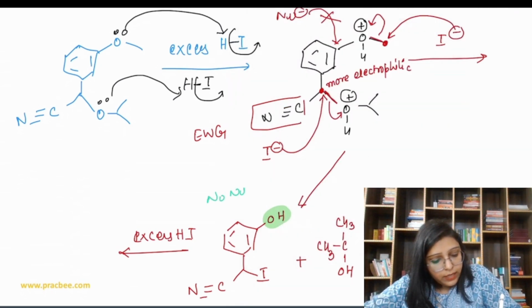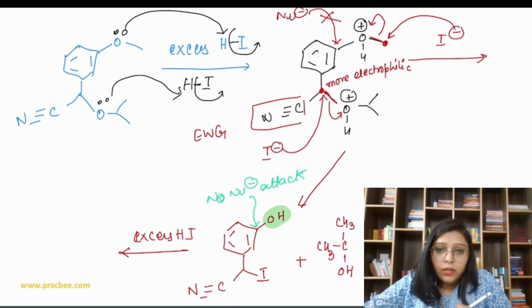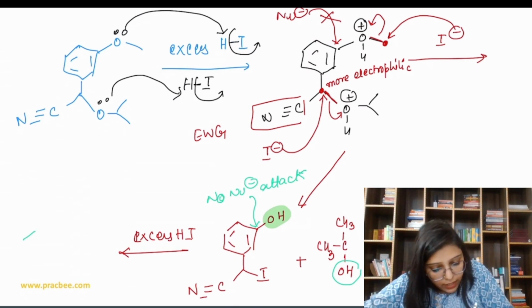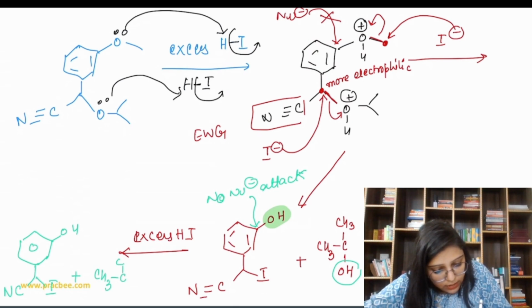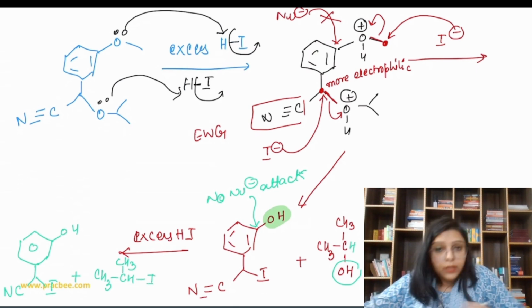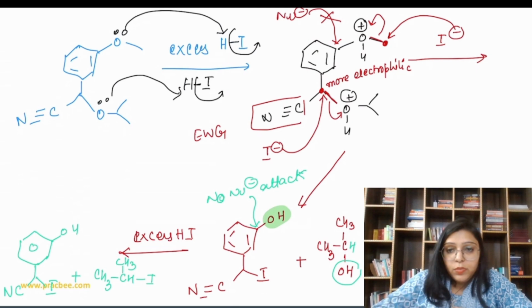No nucleophilic attack over here. Then what are we going to do? Here OH can be replaced with iodine. So we get OH, CNI plus CH3CCH3 and this is going to be I. Clear? So this is going to be the final product.